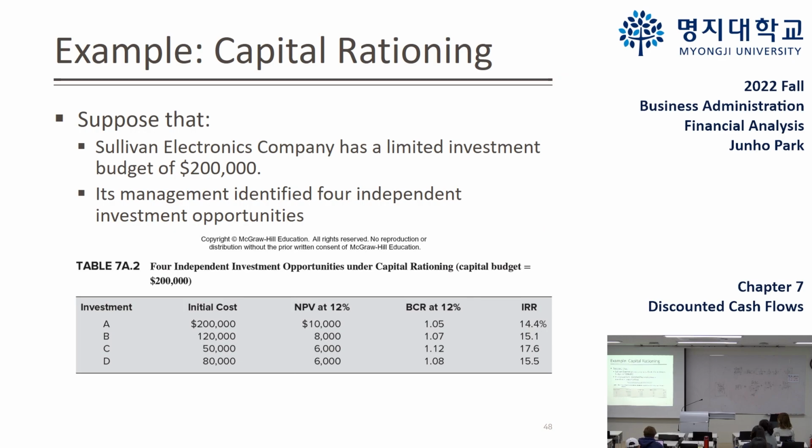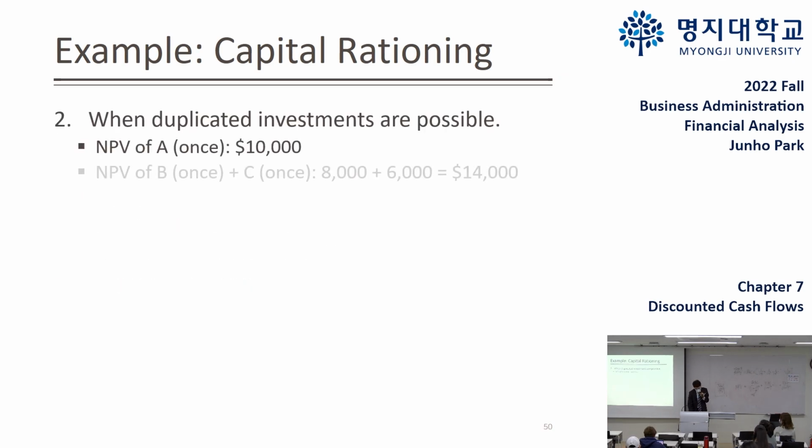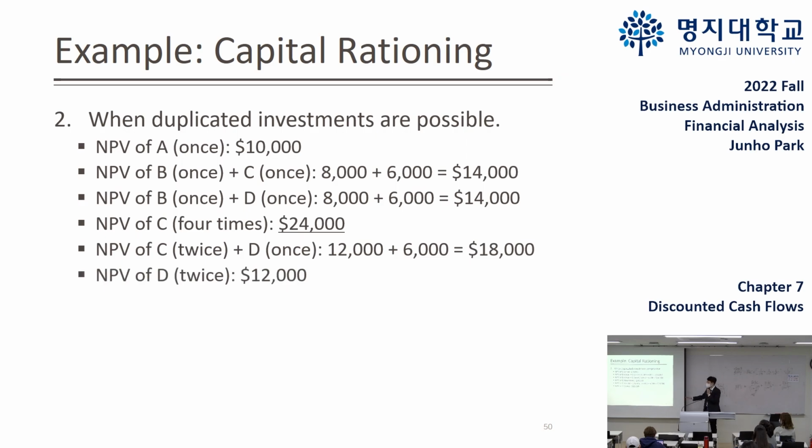And similarly for the D, because 200,000 divided by $80,000 is 2 plus something. So we can have a double investment in D, and then we can think about what we are going to do with the rest of the money. So as a result, we have more choices available when we can duplicate our investments.